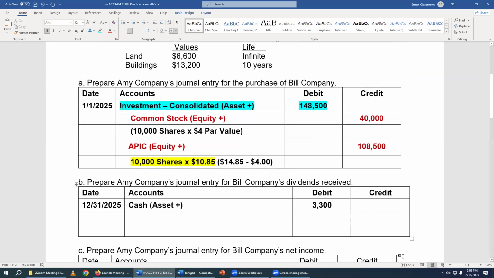And now remember, we're using the equity method here. So this would be asset going down.